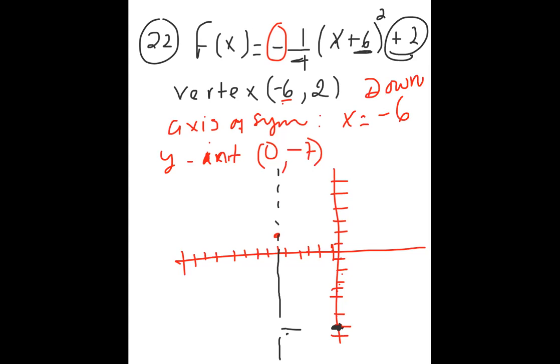I'm going to have to count 6 units, actually. I said 7. 6 units from the line of symmetry. I have to count 6 units to the right to get to its reflection: 1, 2, 3, 4, 5, 6. So there's a reflection of the y-intercept. That's why I needed to sketch a better graph.